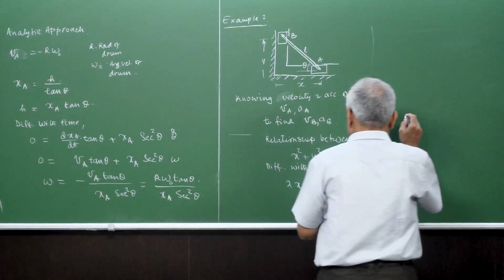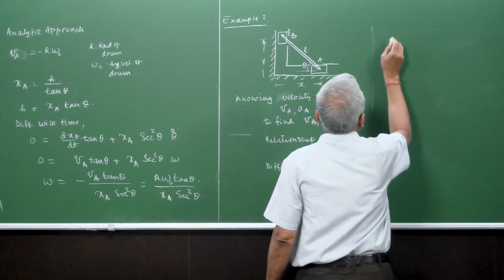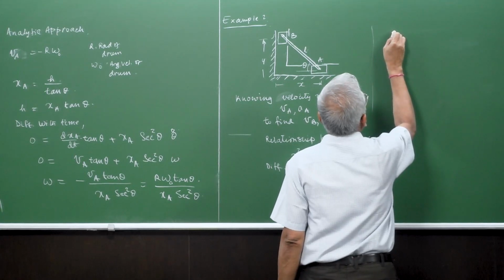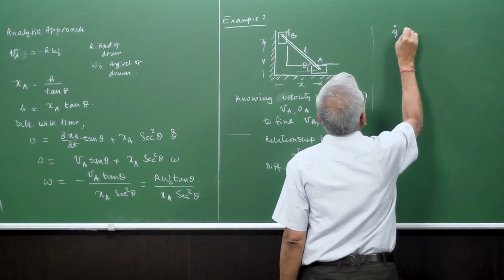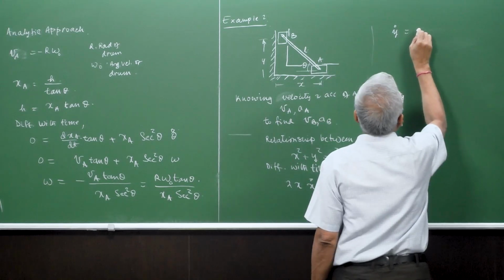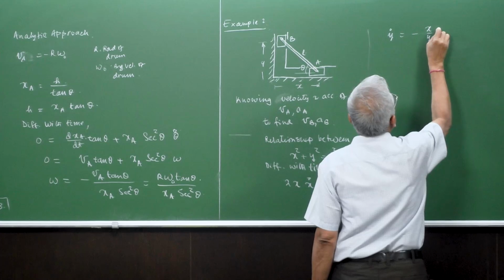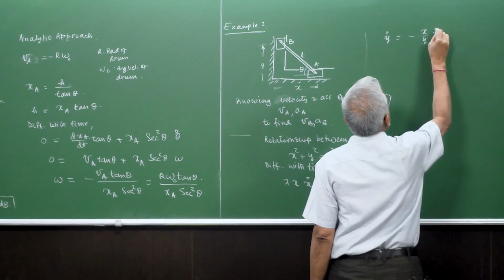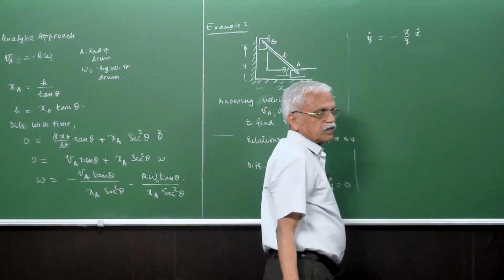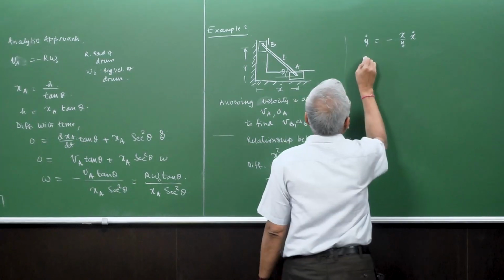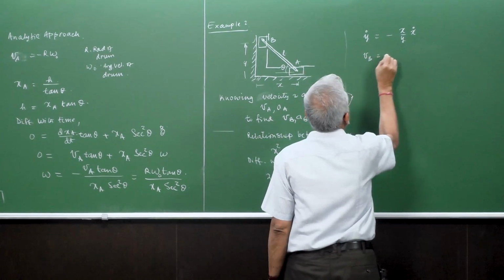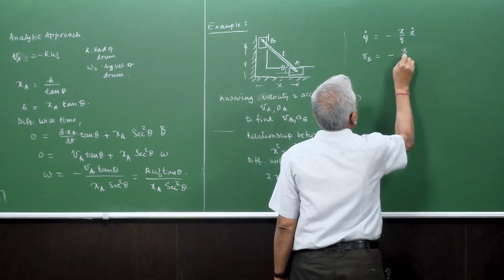It's very easy to find out. The velocity of B, which is y dot, is nothing but minus x by y times x dot. Which means that the velocity of B is nothing but minus x by y times VA.